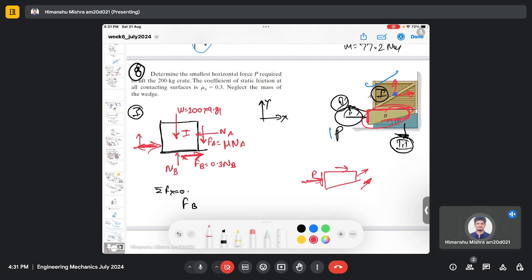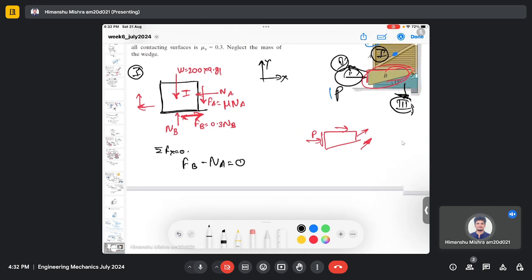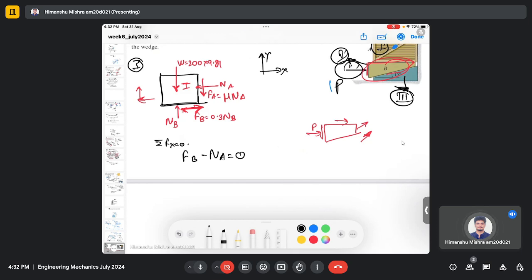So there will be a friction force. As I said before, there will be a movement in the right direction, so the friction will be in the left. So this is the force balance in the x direction. I can write this as 0.3 Nb minus Na equals 0.